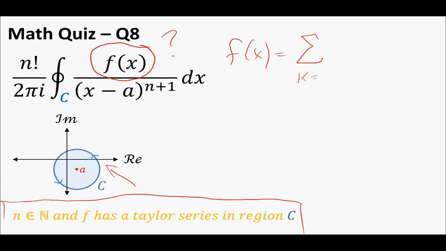We're going to use k as our index here. k is equal to 0 to infinity of f to the kth derivative at a, times x minus a to the k power, over k factorial. This is the Taylor series.